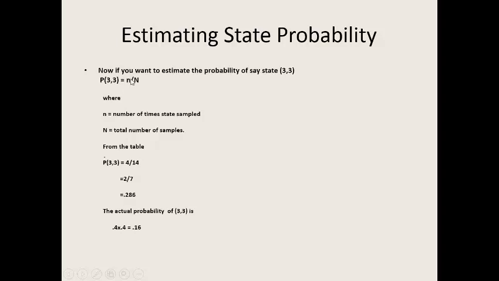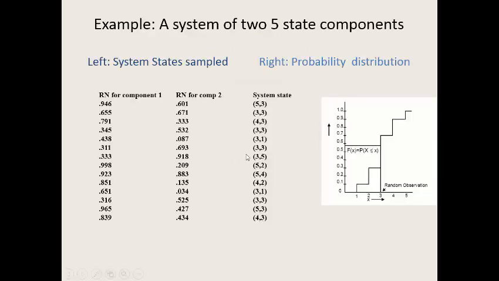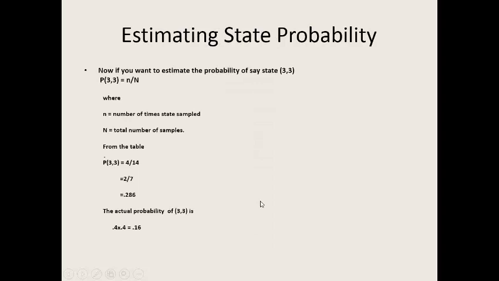So what you can do is count the number of times that this state was sampled and then divide that by the total number of samples. For example, if you go over here, 3 was sampled once, twice, 3 times, and 4 times. So your small n becomes 4 and the total number of samples is 14.